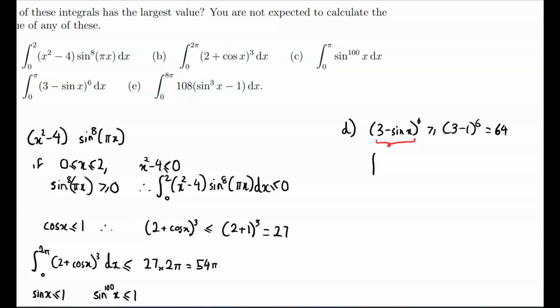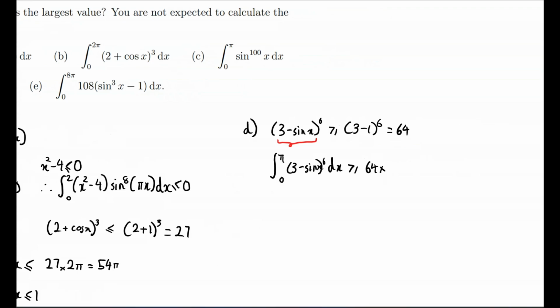So if we integrate the function from pi to 0, we can establish a lower bound of 64 times the range that we're integrating through, which is pi. So it has to be larger than or equal to 64 pi.